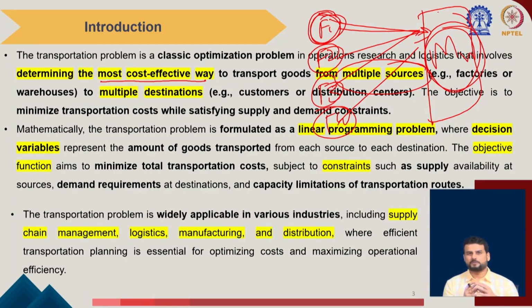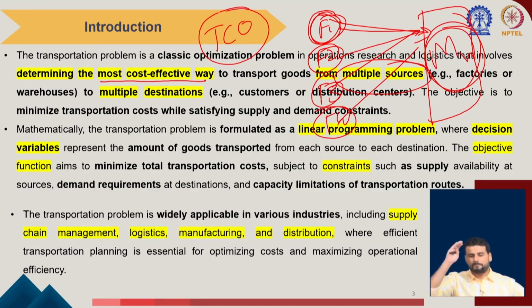When talking about transportation cost, it is the overall cost of ownership. We talked about total cost of ownership, TCO. So we will include the transportation cost, wear and tear cost, operational cost, the depreciation cost of the asset, everything will be included, and if we are saying 10 rupees per unit, that means 10 rupees if we are shifting one product from that factory to one market.